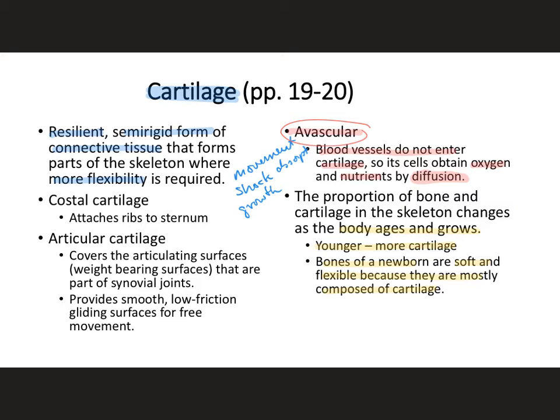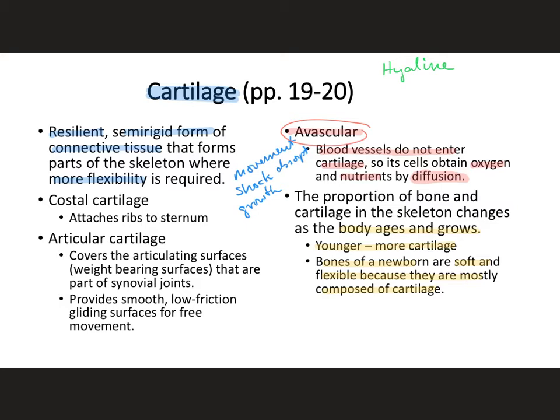First, I want to list 3 basic types of cartilage. The first of these is called hyaline, and it is a smooth, glossy type of cartilage. It's the most abundant form of cartilage in the body.